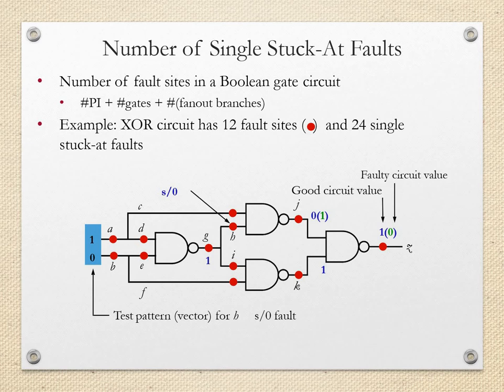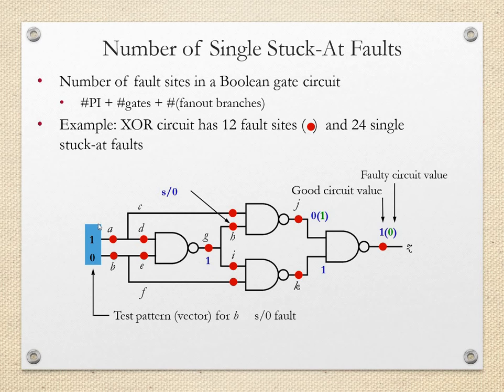So while considering the number of single stuck-at faults in the given circuit, we have to find out the number of PI, that is the primary inputs, plus the number of gates plus the number of fan-out branches, and that will give you the total number of sites.